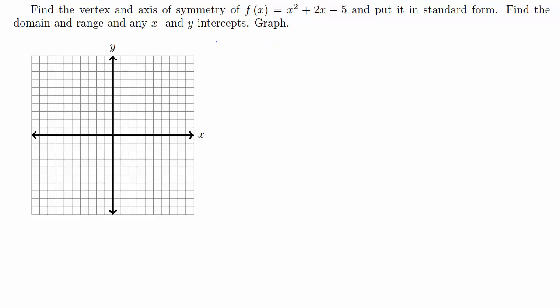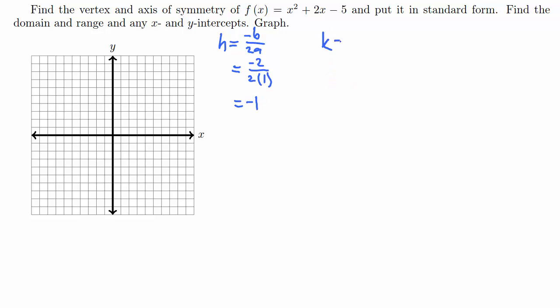Now remember, to find the x coordinate of the vertex, you have to use the formula h equals negative b over 2a. B in this problem is 2, so that's negative 2 over 2 times a, which is 1. So this is just negative 2 divided by 2, which is just negative 1.